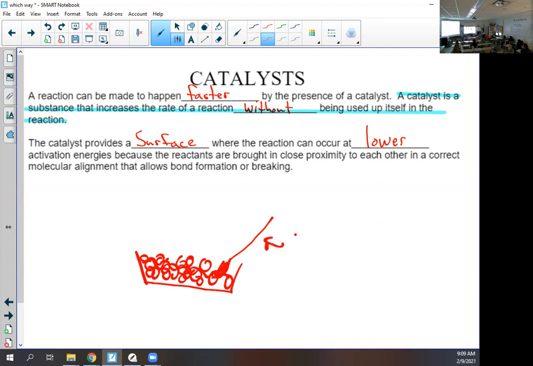This spoon is sort of like a catalyst. Why? Because the spoon helps me to eat my cereal, but I don't eat my spoon. Only weird people do. Okay. So.